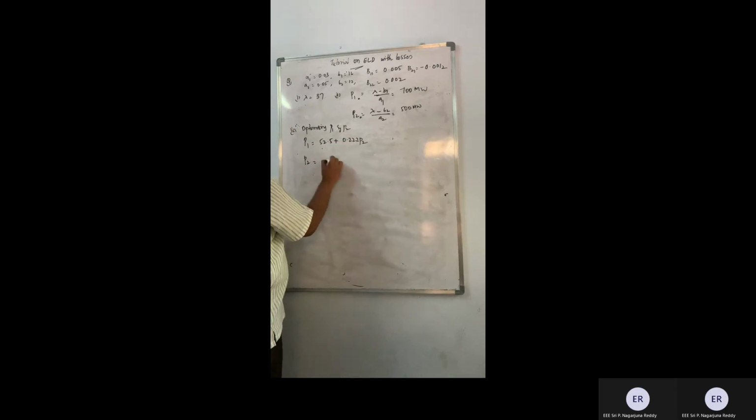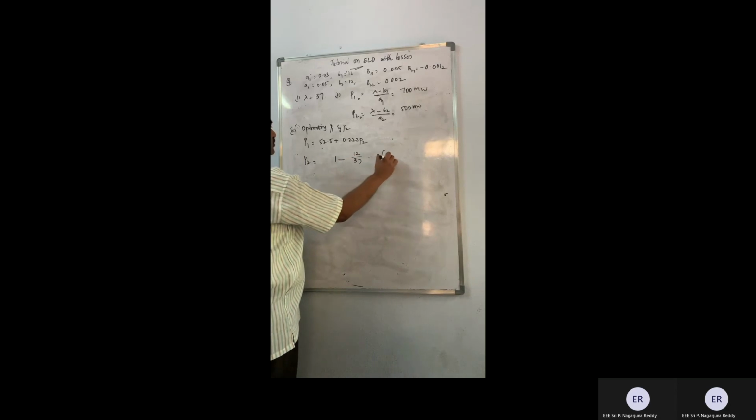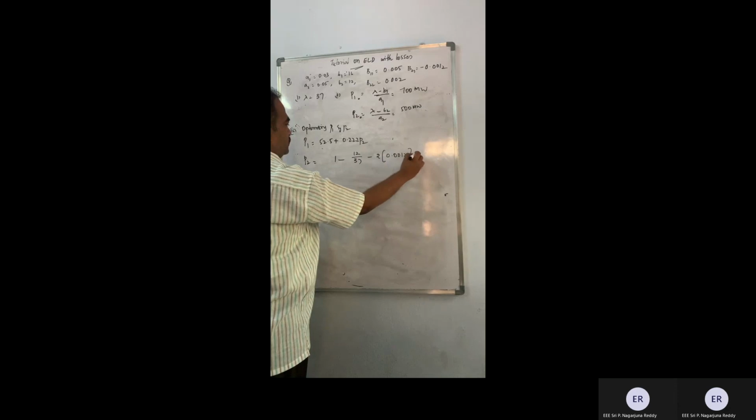Similarly, now let's get back to the equation for P2. It is 1 minus V2 by lambda, 12 by 37 minus minus 2 into 0.0012.